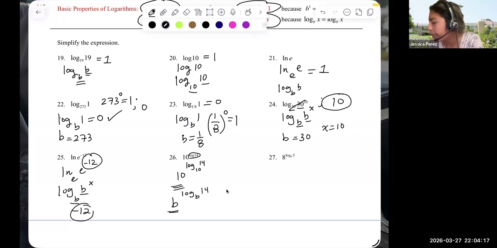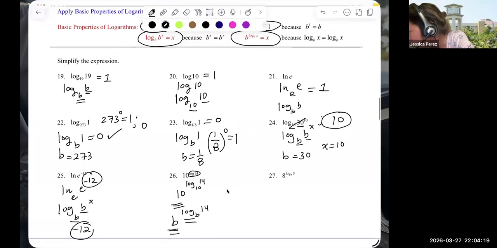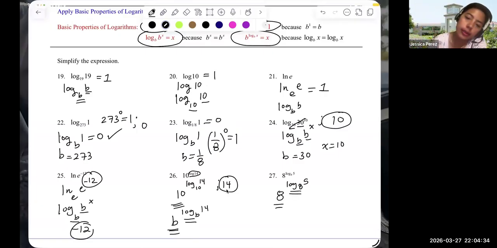Again, the exponential and the logarithm will cancel, so your solution will be 14. And lastly, you have 8 to the log base 8 of 5. The exponential and the log base 8 will cancel, and your solution will just be 5. So we are using the properties that we just learned, those handy dandy formulas.